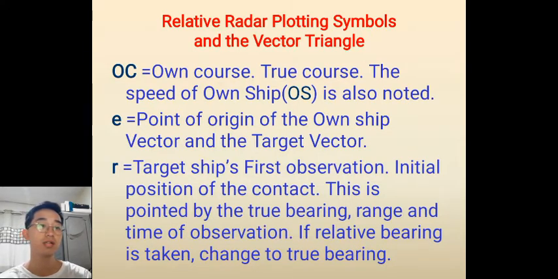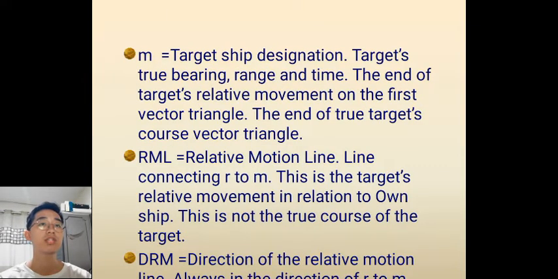If relative bearing is taken, change it to true bearing. M is the target ship designation, with the target's true bearing, range, and time. It is the end of the target's relative movement of the first vector triangle, and the end of the true course target's course vector triangle.